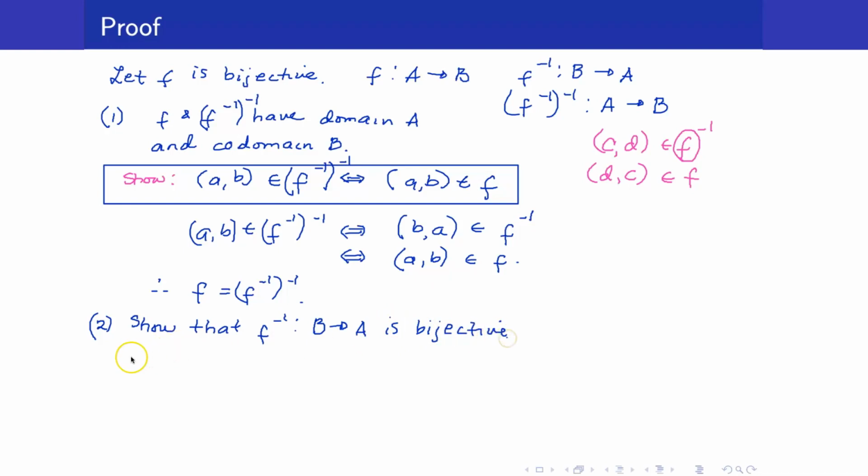Now from part 1, we have shown that the inverse of the inverse is equal to f. And of course, f is a function. But we view f here as the inverse of the function f inverse.